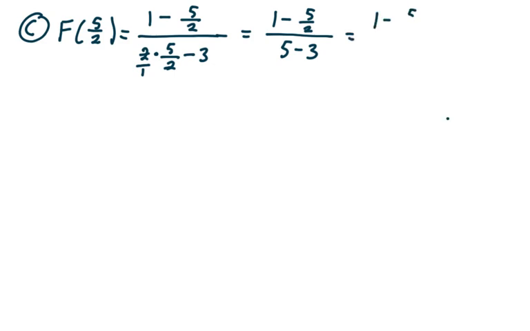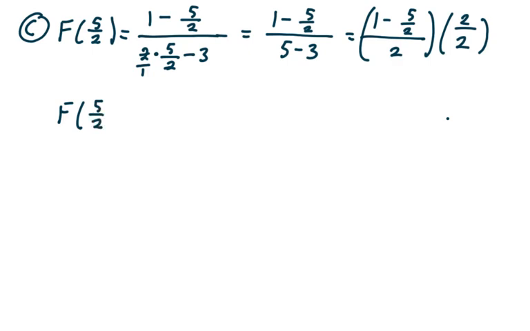Now, from here, this is 1 minus 5/2 divided by 2. So I'm going to multiply the numerator and denominator by 2 divided by 2. And so f of 5/2. Now, 2 times 2 is 4, okay?